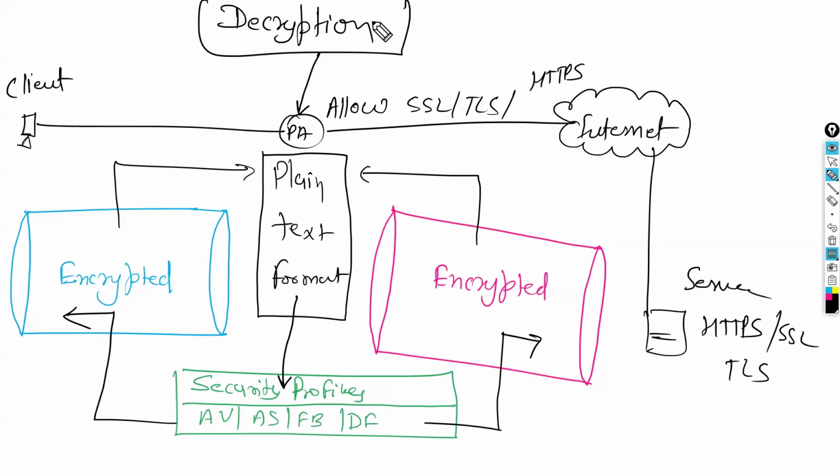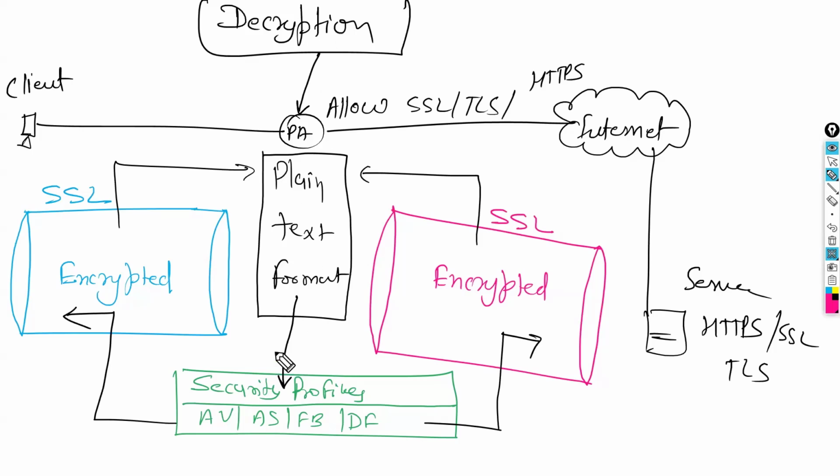Now, what can we do with the help of decryption? With the help of decryption, we can see what is going on under the SSL tunnel. If something is suspected, then we can filter it with the help of security profile. But remember, decryption will convert the encrypted data into plain text. The rest of the job will be done by the security profile.